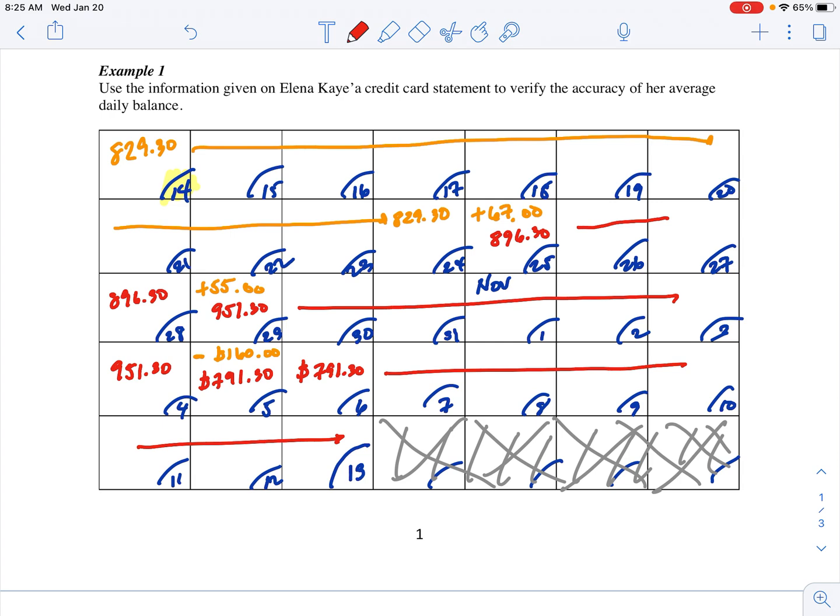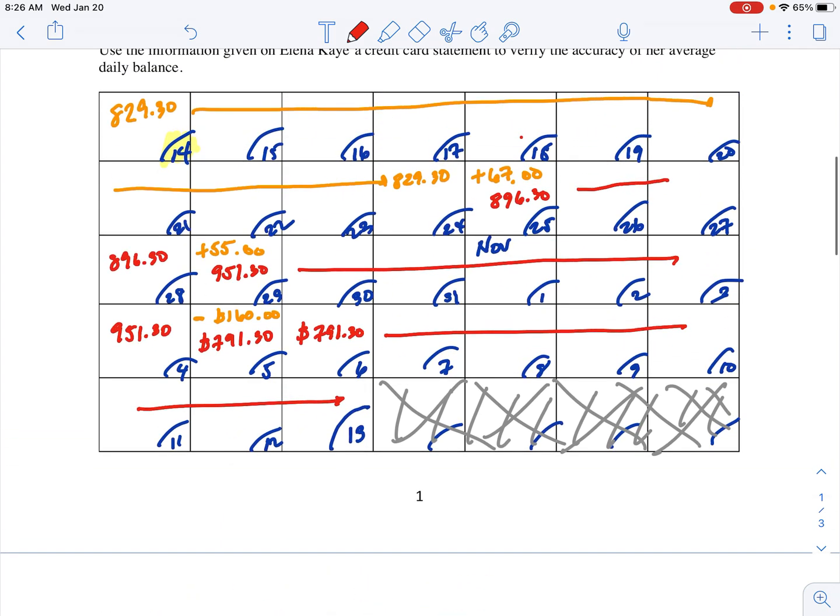So the best thing to do is count 1, 2, 3, 4, 5, 6, 7, 8, 9, 10, 11. We've got $829.30, and we had that for 10 days.